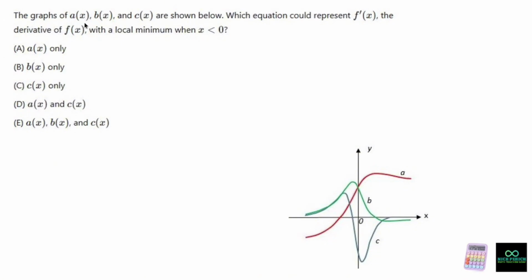The graphs of A of x, B of x, and C of x are shown below. Which equation could represent f prime of x, the derivative of f of x, with a local minimum when x is less than 0?